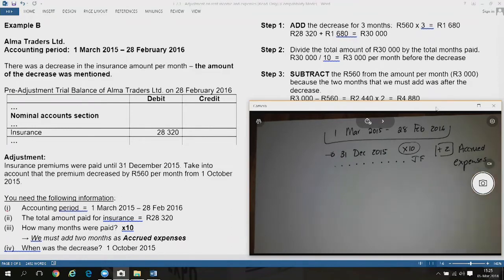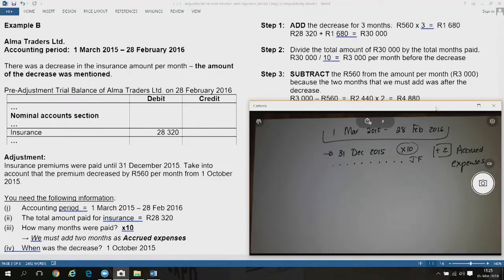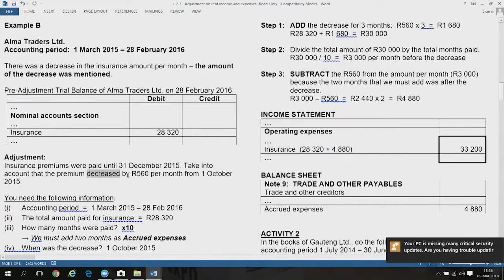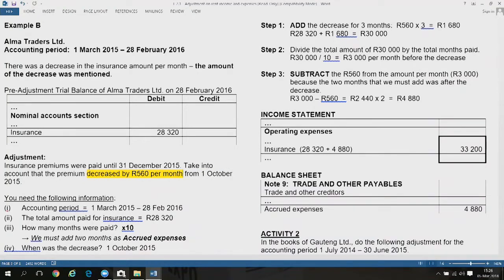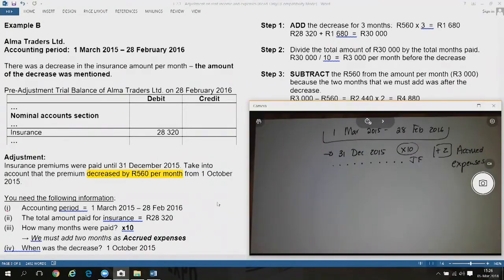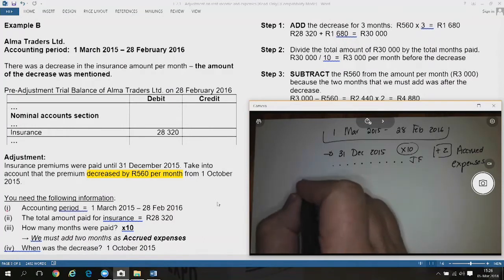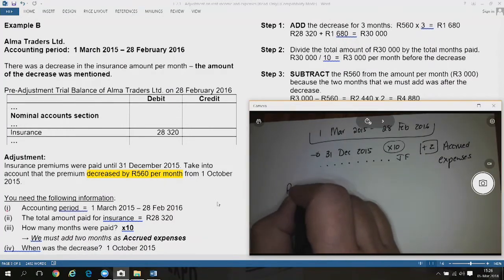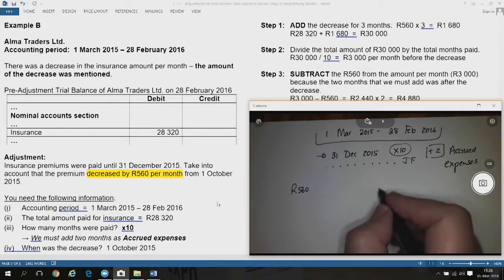So even before I start with all the calculations, I already worked that out for myself. The premium decreased. The premium decreased by 560 per month. Now it's a total other story, because now we must take that 560 and we must ask ourselves for how many months?